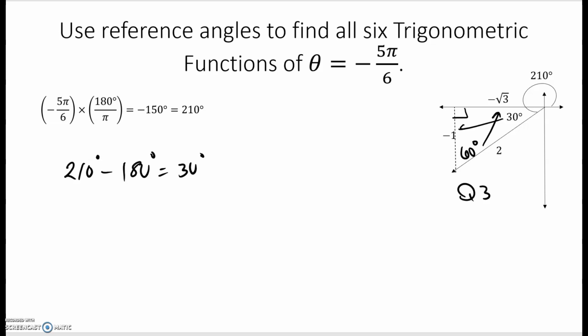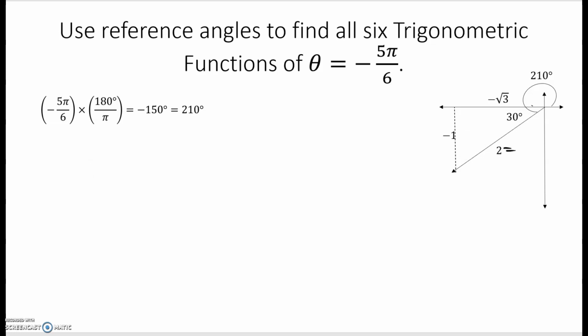And by the way, this is negative 1 because we're on the negative side of y. And this is a negative square root of 3 because we're on the negative side of x. And then you've got 2 if you're in a 30, 60, 90 triangle and you're talking about the hypotenuse in that triangle.